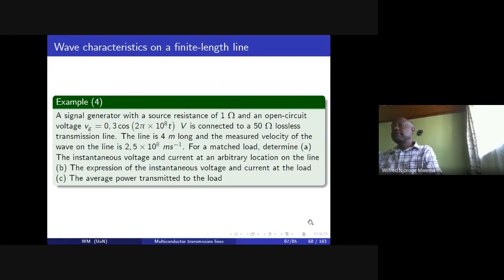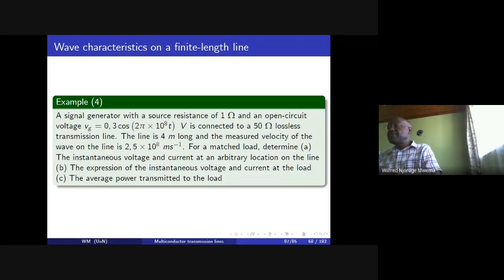Example 4 then. A signal generator with a source resistance of 1 ohm and an open circuit voltage Vg equal to 0.3 cos(2π × 10^8 t) volts is connected to a 50 ohm lossless transmission line.